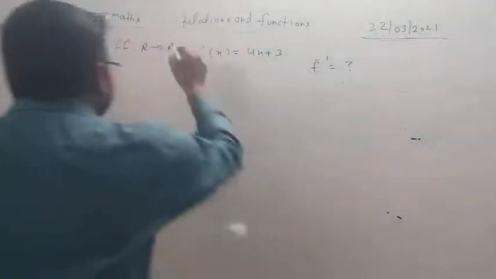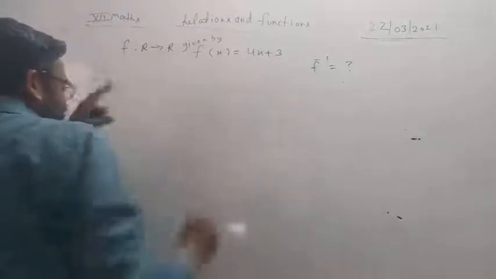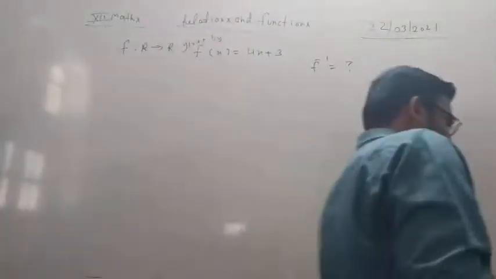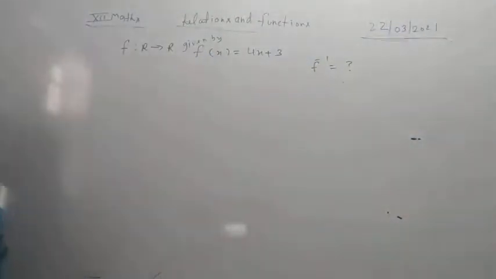So f from R to R is given by f(x) = 4x + 3, and f inverse is equal to question mark. We have to find f inverse.